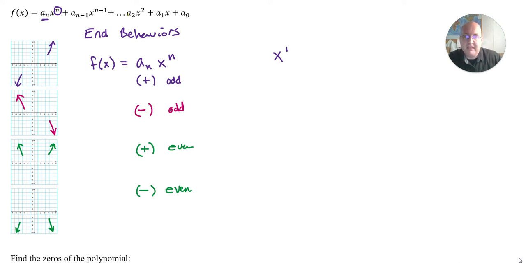If x to the first power is the highest power of x, then we know it's a linear function, and when we graph that it's going to have one point where it hits the y-axis, the y-intercept, and one point where it hits the x-axis, the x-intercept.